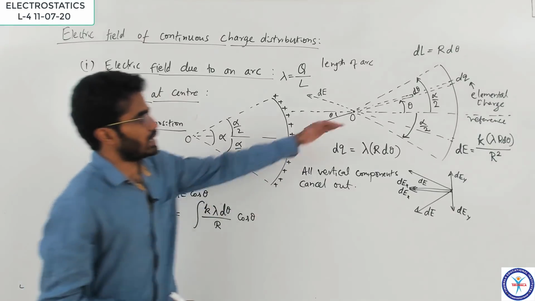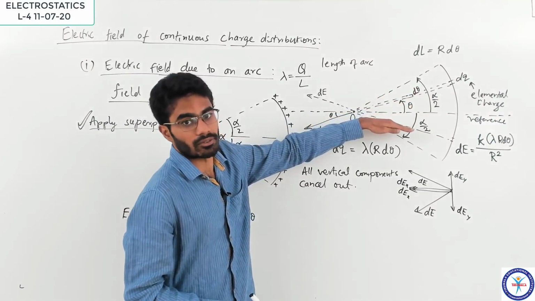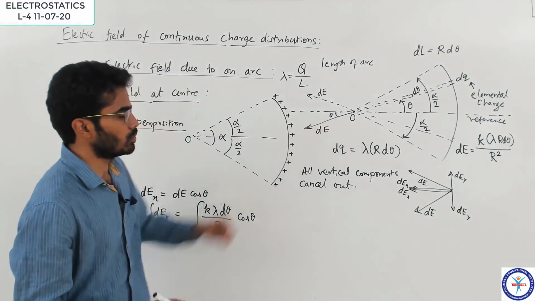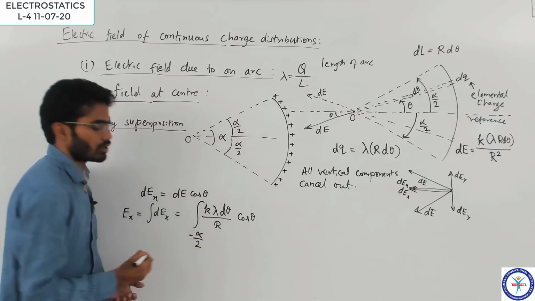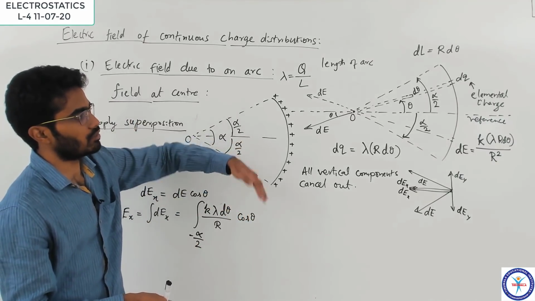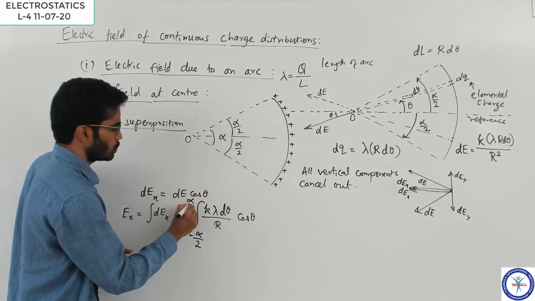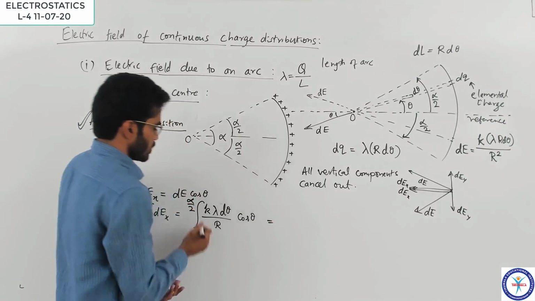Right. So theta, if it is above, it is positive. If it is below, it is negative. Right. So in this case, we have to vary the angle from minus alpha by 2 below the x-axis, minus alpha by 2 to plus alpha by 2. These are our limits.